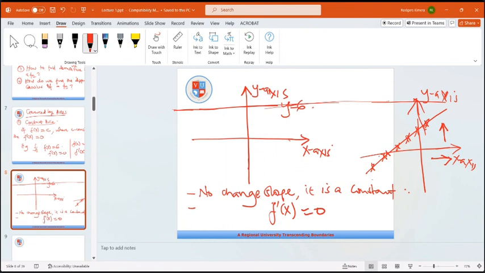So there is change. We observe change. It is not a constant. So such a function leading to such a line will definitely have a derivative.